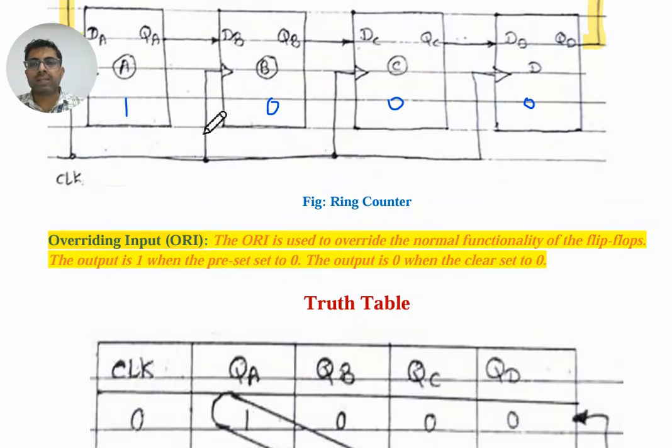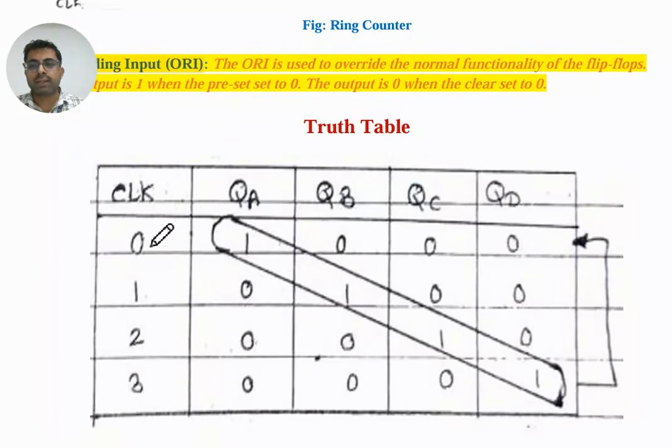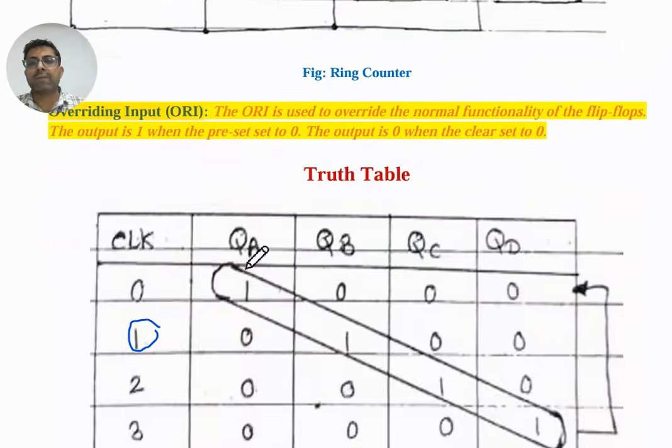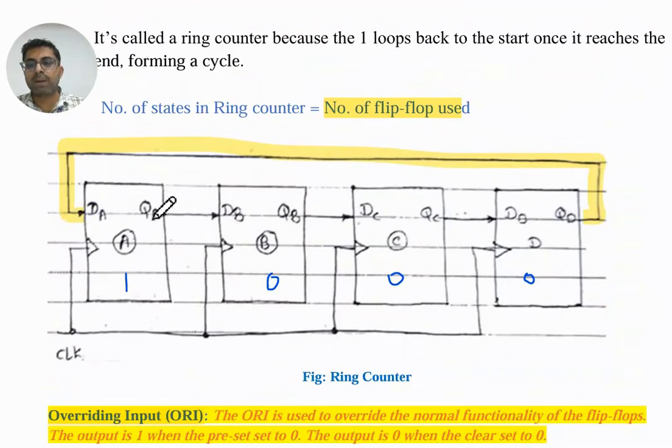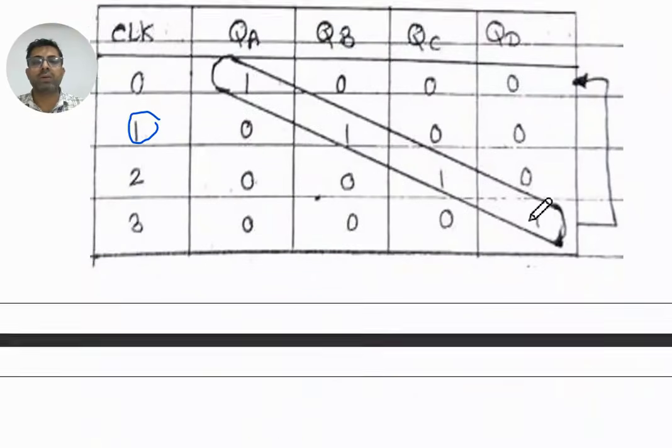So look, we will start the operation. Before giving the clock, what input did I set with ORI? 1 0 0 0, right? This is QA, QB, QC and QD. Now after applying the first clock signal, what will happen? The bit from QA will be shifted over here, this one from here to here, and this bit is shifted from here to here.